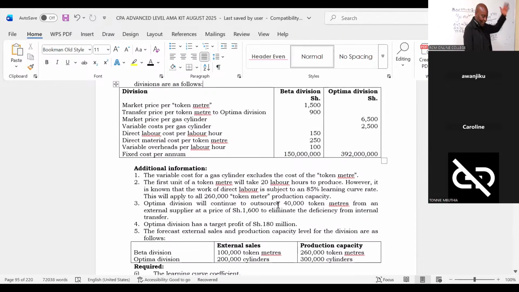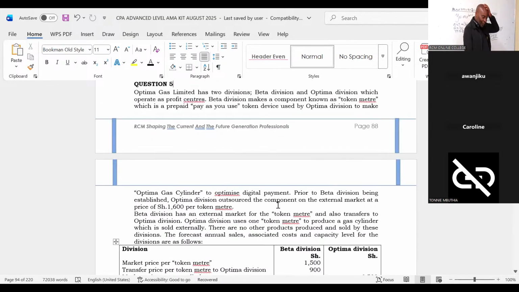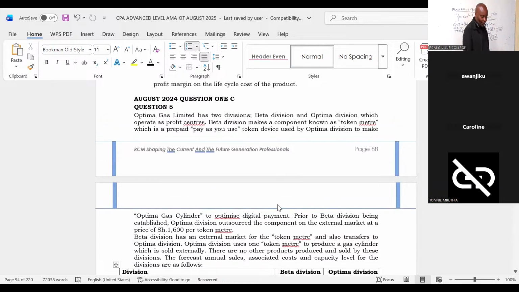So we have two divisions, Optima and Beta. We start with Beta, because Beta is the one making the intermediate good. Very easy.